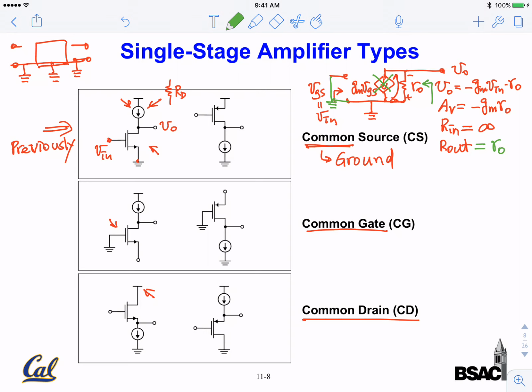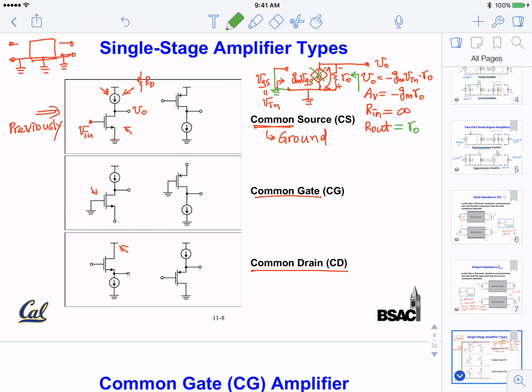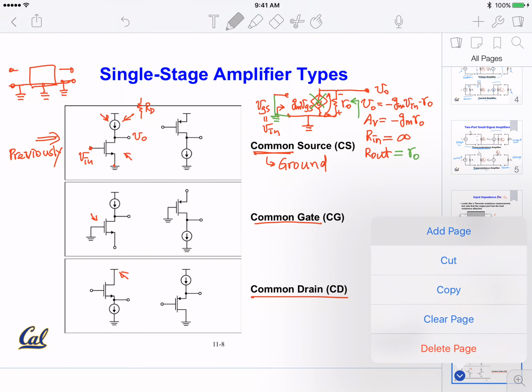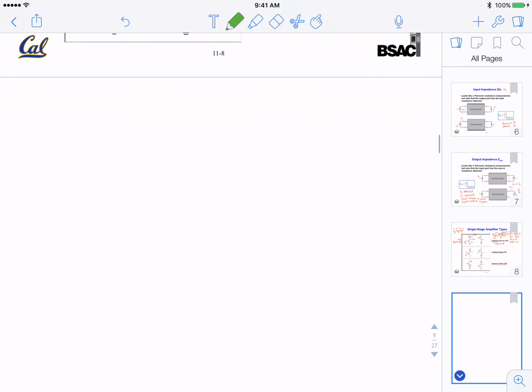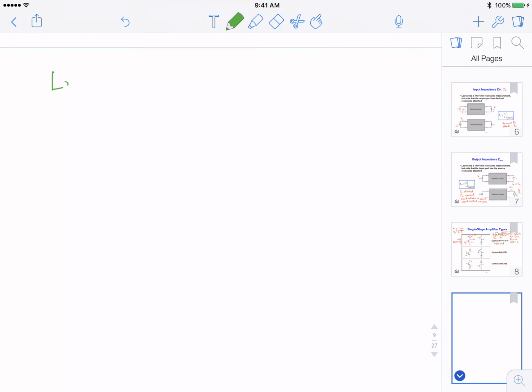In pre-lab 5, we are told to ignore the RO. Yes. Your lab, if I remember, you have RD, right?